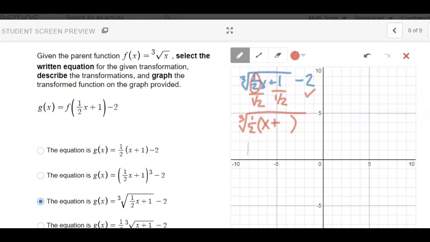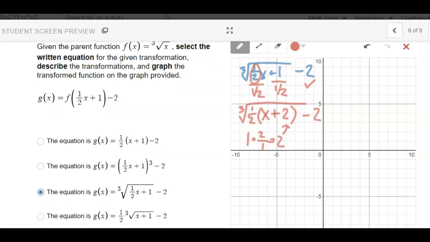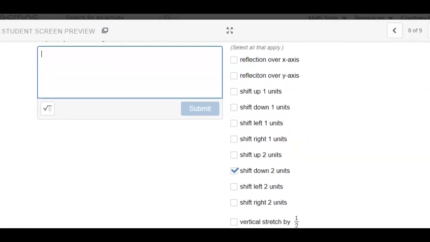So 1 times 2 over 1, that's 2. And then we still have that -2 out here. So really, we're shifting 2 units to the left. So I need to go find shifting 2 units to the left. So shift left 2 units.